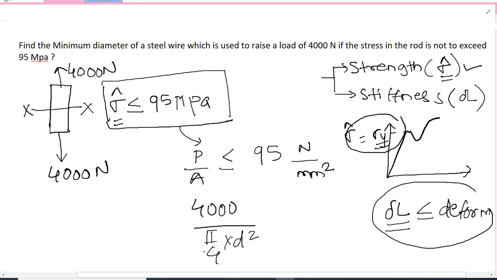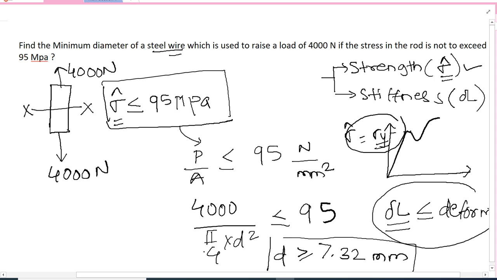Why am I taking pi by 4 d square? Because they have mentioned steel wire, that means it is circular in cross section, and by solving this we will get the diameter should be greater than or equal to 7.32 mm.